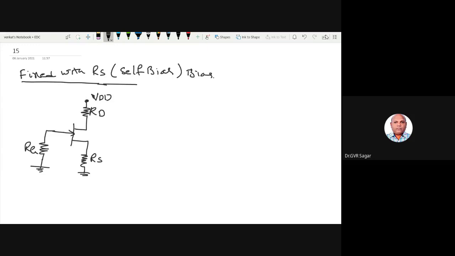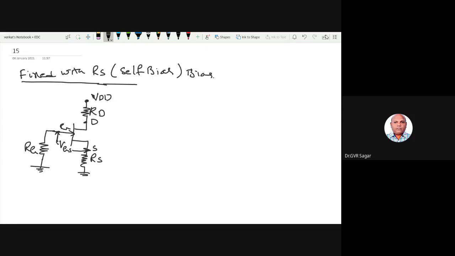So now I am placing RS here. So the VGS voltage we are representing here is VGS up to here only. This point is the source. This is the gate. This is the drain. Right? This is the circuit. So what modification I did here is just adding the RS. Source resistance is added.